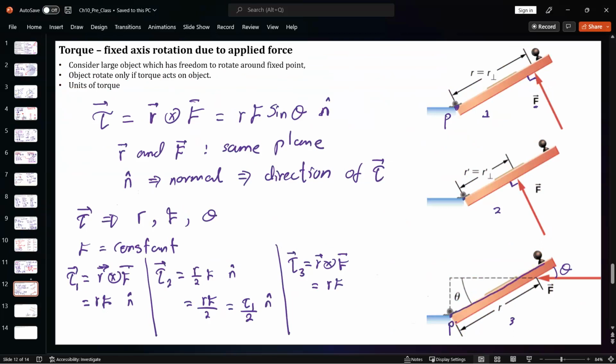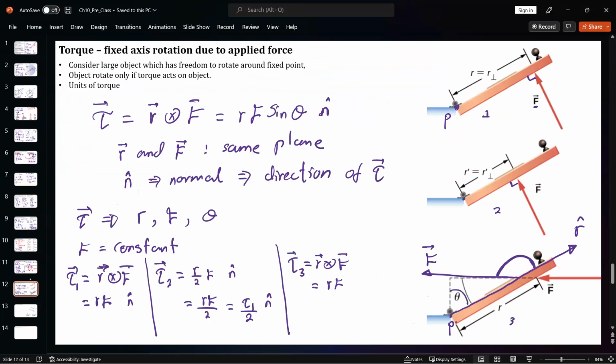Relative to the fixed point, that is the direction of vector R, and the direction of vector F is that direction. So the total small angle between the vectors is the angle theta we are interested in in this case.